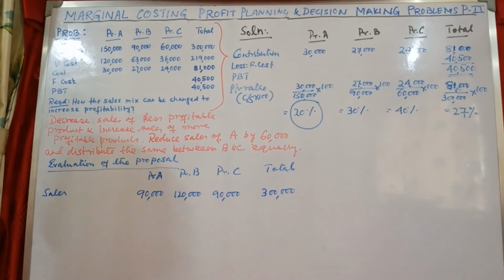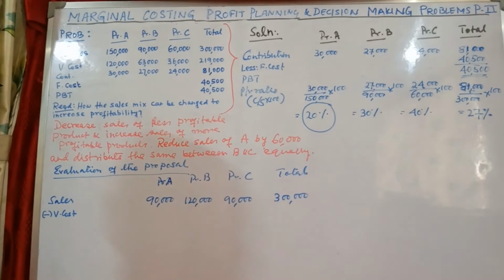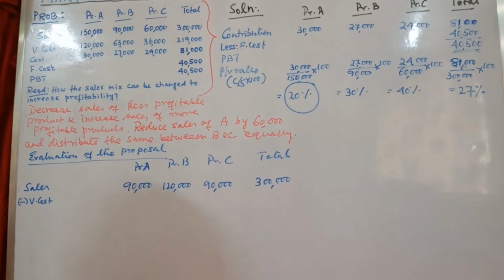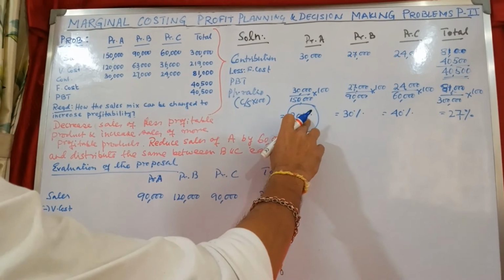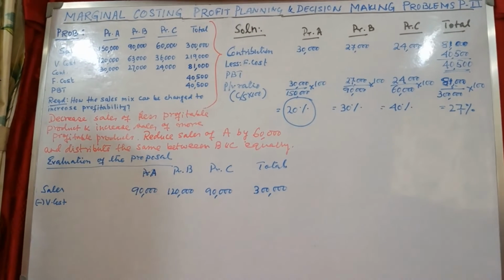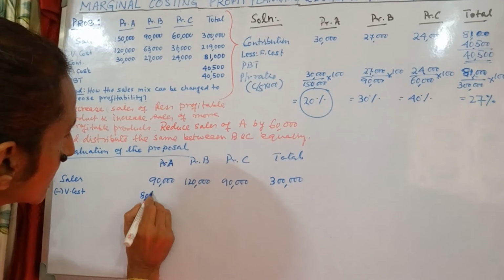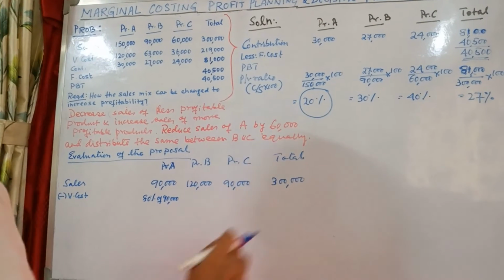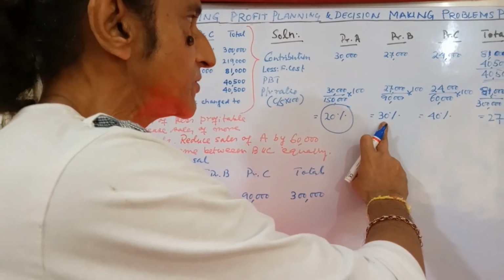Now we deduct variable cost from sales. What is the variable cost of product A? That is 80% of sales, because 20% is the contribution margin. Hence 80% is the variable cost related to sales. So here it will be 80% of 90,000. Here it will be 70% for product B, because 30% is the contribution margin.